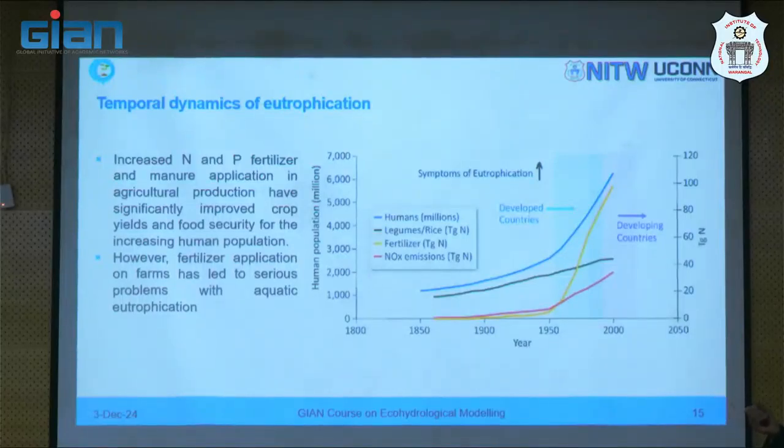That's the problem here. Nitrogen is applied way more than what is needed, and therefore the excess gets into the surface water bodies or groundwater bodies, either through the process of runoff or through the process of deep percolation. And when it gets to the groundwater, it stays there. But when it gets to the surface water, both nitrogen and phosphorus matter: in fresh water bodies, phosphorus is the limiting nutrient.